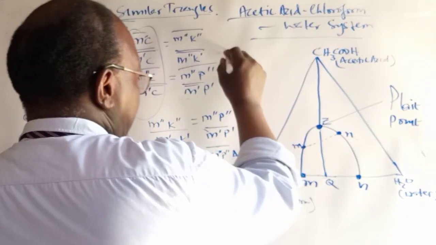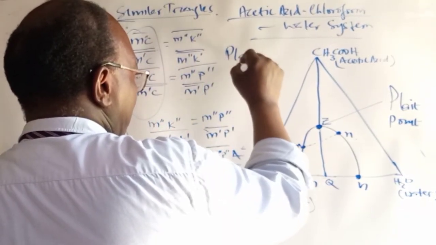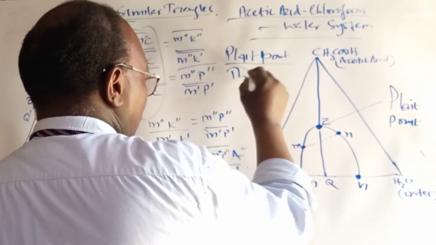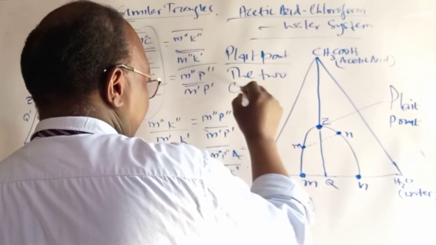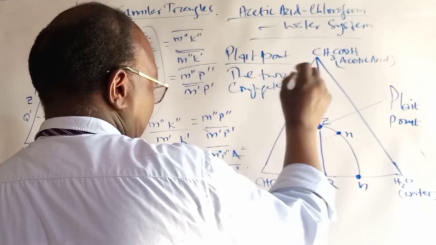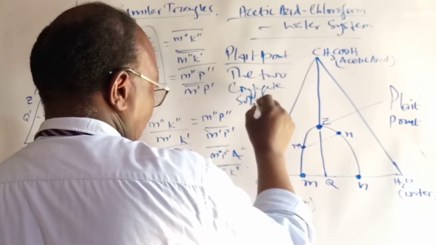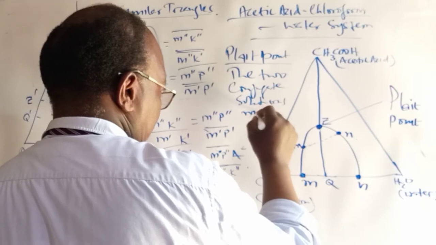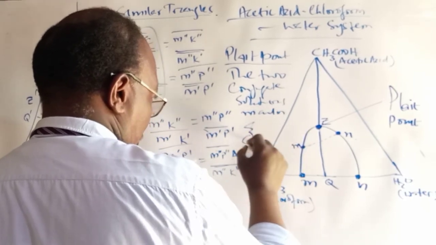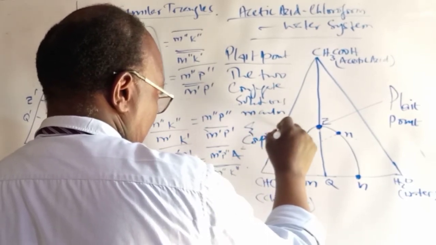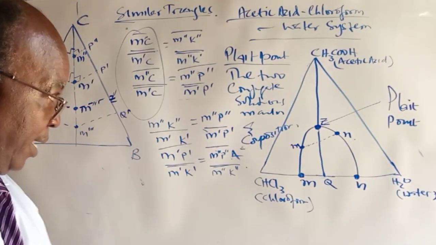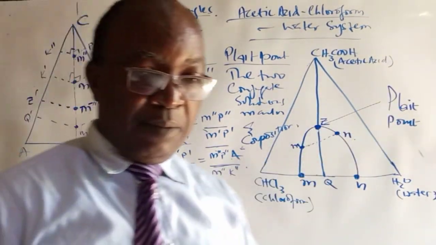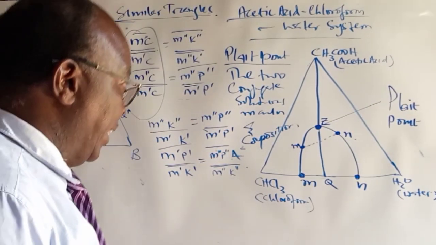So just note that at the Plait point, the two conjugate solutions, M and N, have the same composition. That point is referred to as the Plait point.